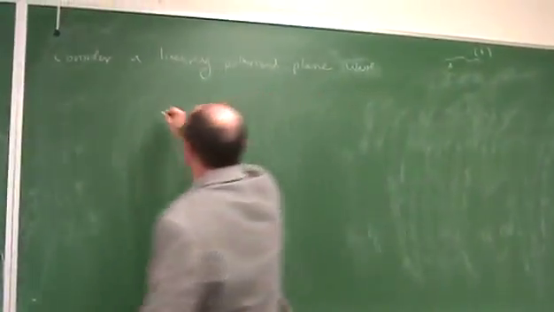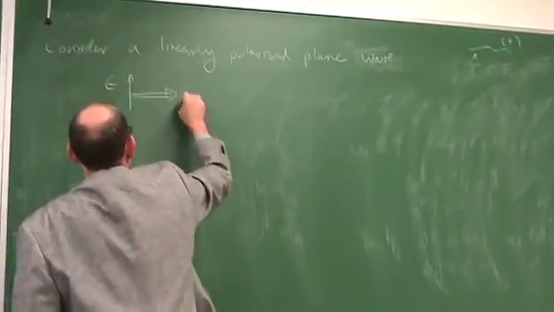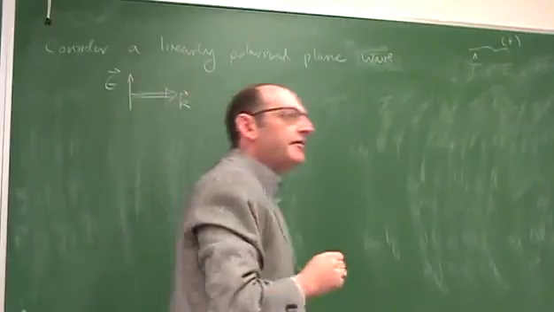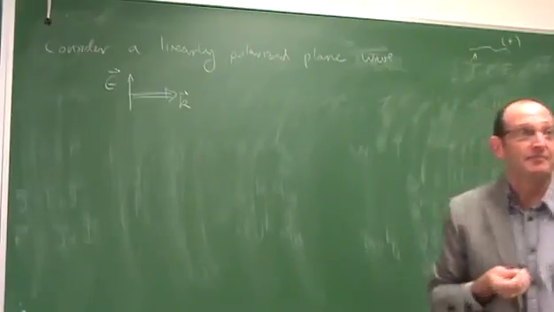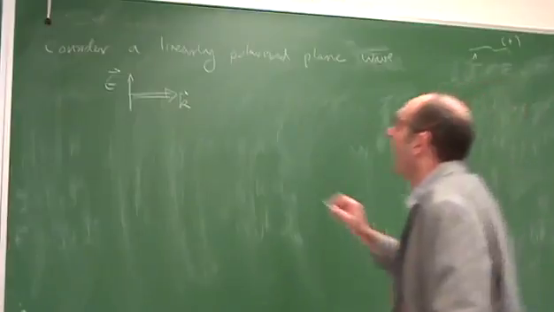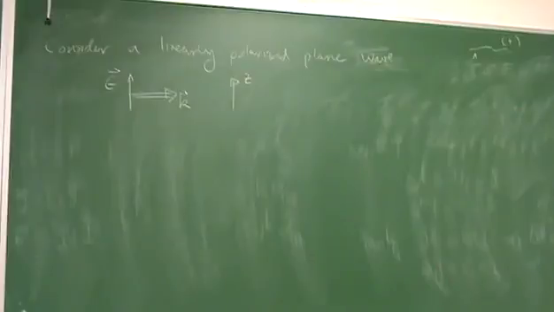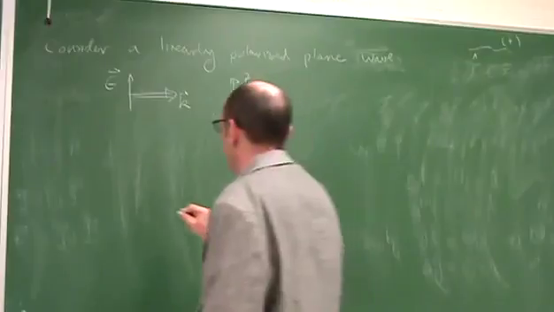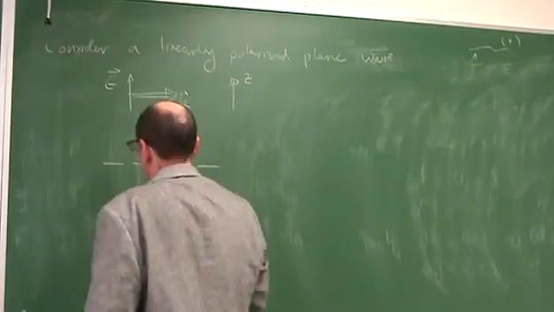Okay? So here it is. Here's the k vector. Here's the polarization vector. Now I have to decide what I'm calling the z-axis. Let's suppose that I call this the z-axis. Okay? Well, if I call this the z-axis, which transitions are driven?